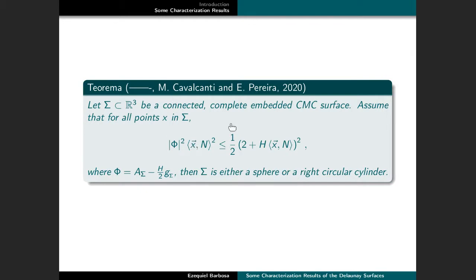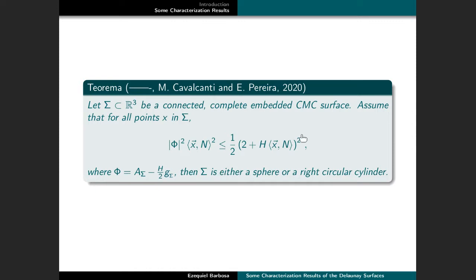If you have a connected, complete and embedded CMC surface, in this case we will assume the CMC surface is non-minimal, because for the case of minimal surfaces, this is exactly the situation proved by Meeks, Pérez, and Ros. But here we are assuming this CMC surface satisfies this quadratic decay of curvature with the constants A equal to 1.5 and B equal to 2.